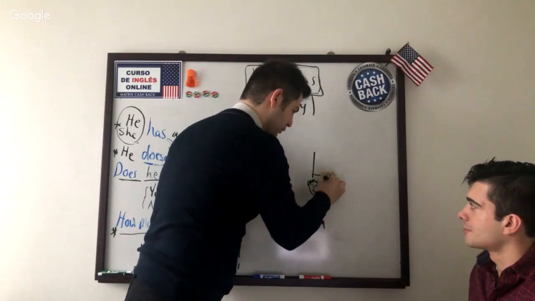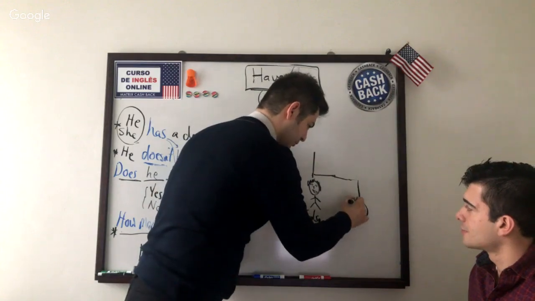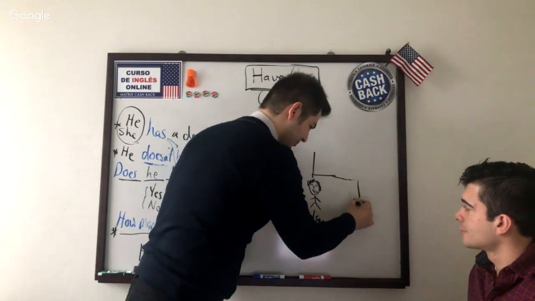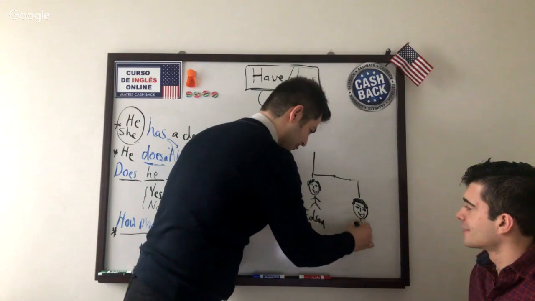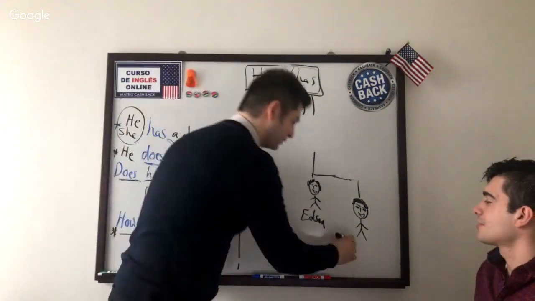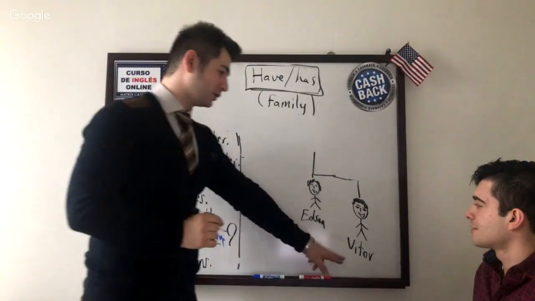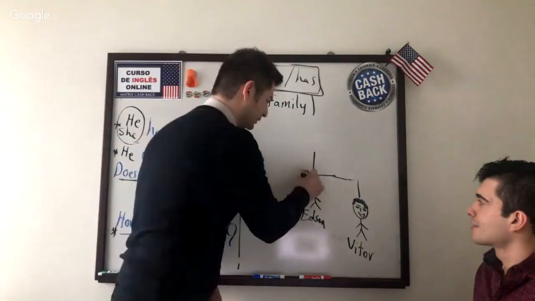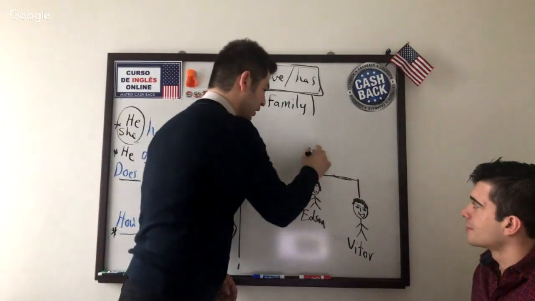Your brother. And what's your brother's name? Victor. Victor. Is that how you write it? So we got Edson, Victor.